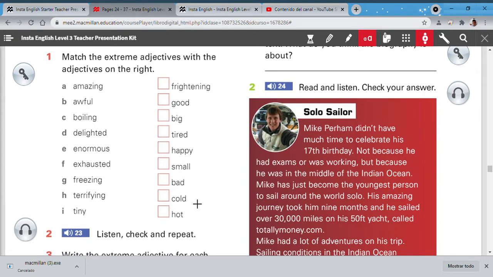For example, here you have hot. Oh, it's hot. But in the first part, it's like when you say very, very, very hot. So in this case, hot is like boiling. Hot could be normal, but boiling is like very, very hot, extremely hot.